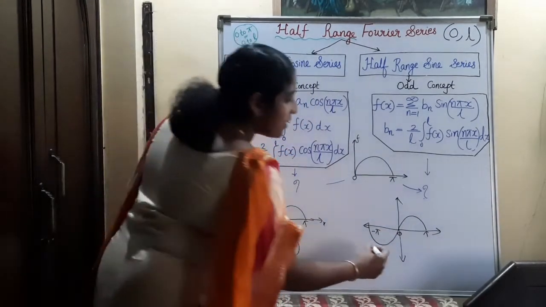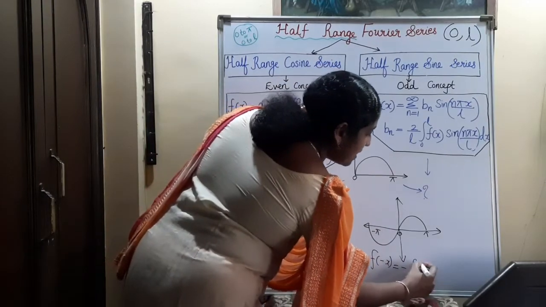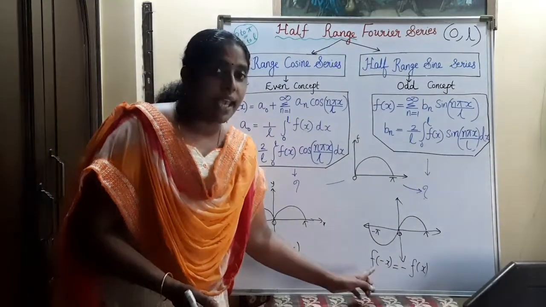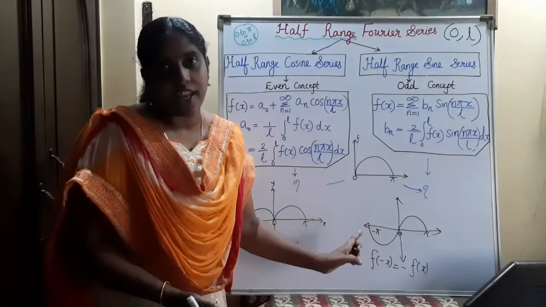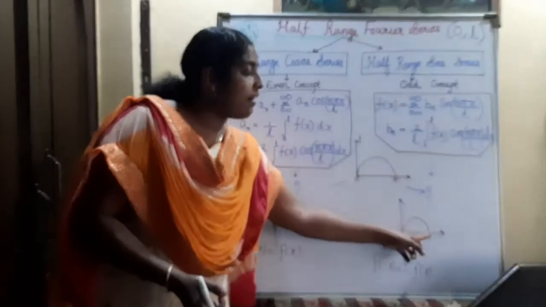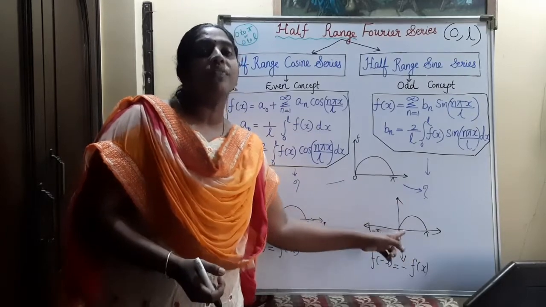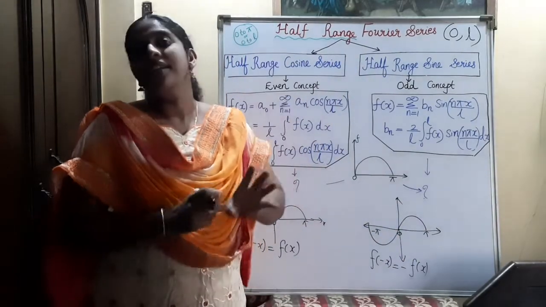Then what will be f of minus x? f of minus x will be minus f of x. Then this signal will behave like an odd function, and therefore such a half range series gives a half range sine series, as we discussed in the last video.